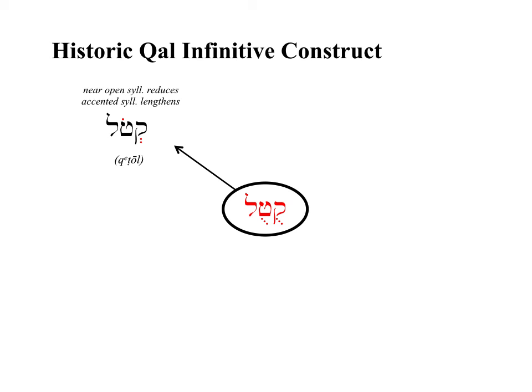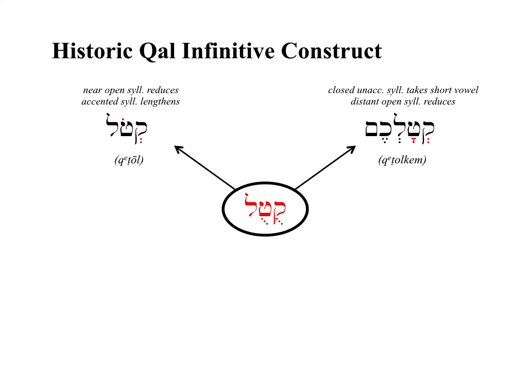And we learned that distant open syllables reduce. Now, of those rules, the ones that apply here are the near open syllable. It reduces, so the original short U reduces to schwa, and the second short U lengthens under the influence of the accent. And this is the form that you normally see with the infinitive construct.